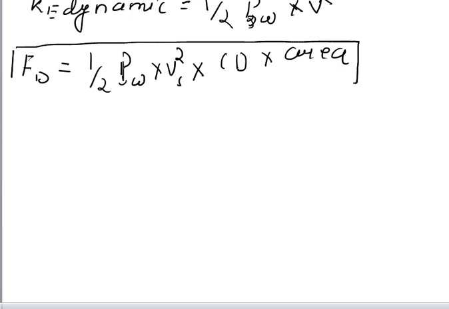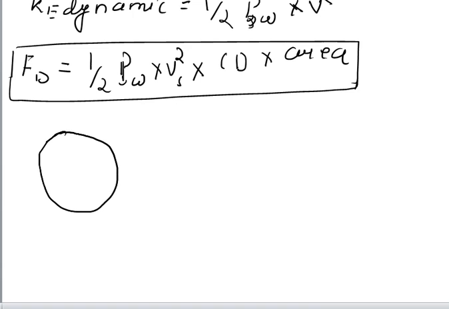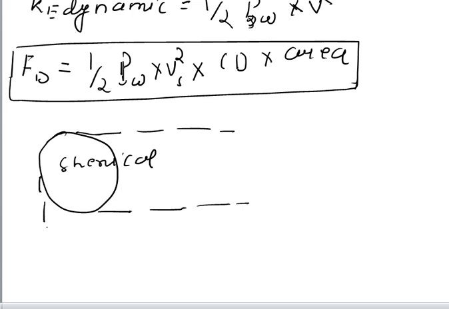And what is this area? This area is the exposed area or the surface area. For a spherical solid, what will be the exposed surface area? The exposed surface area means the area projected in the vertical plane and the area projected in the horizontal plane.